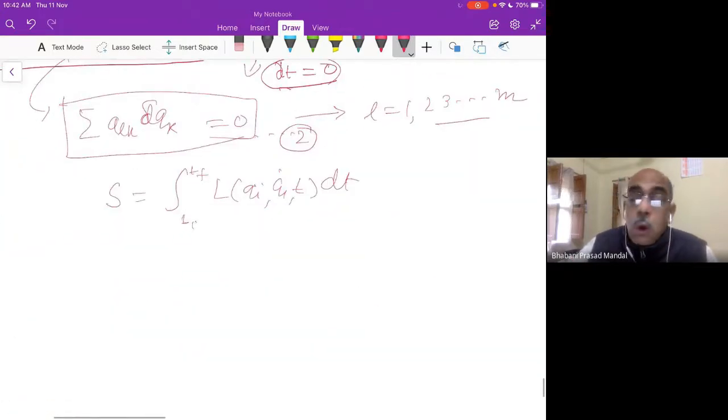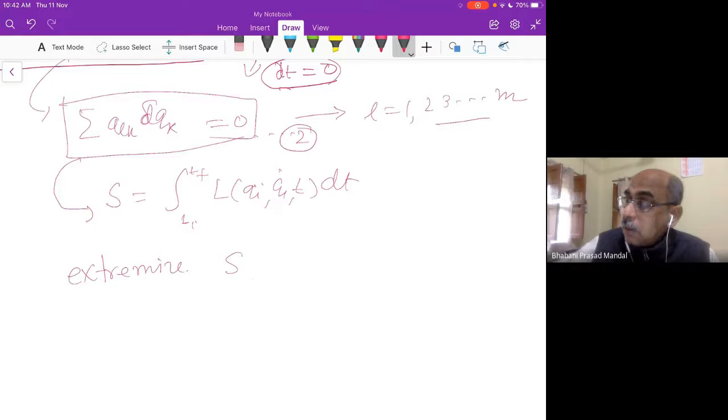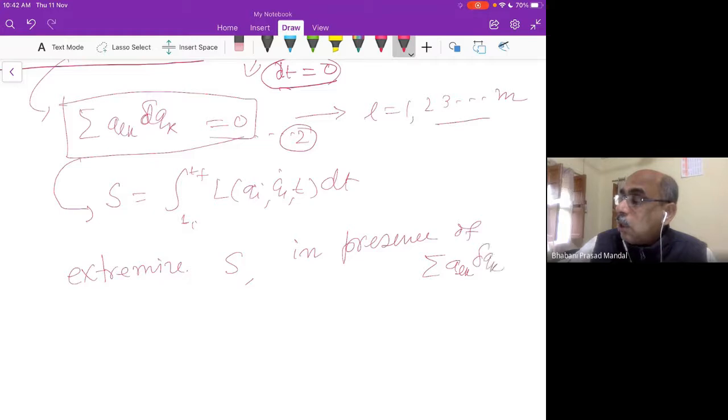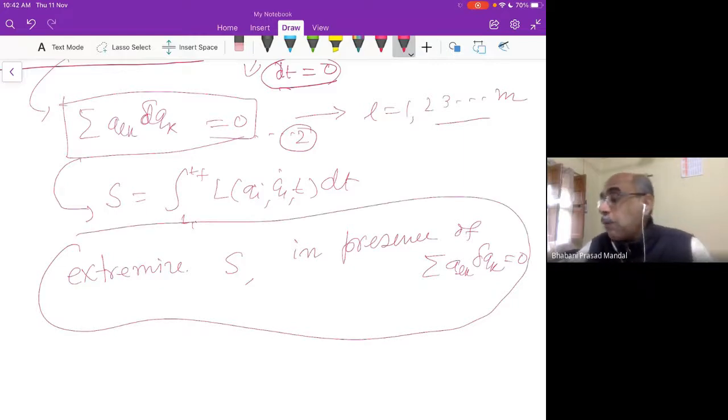So in the presence of this condition, I have to extremize this. Mathematically the problem is that we have to extremize S in the presence of this condition 2, a_lk delta q_k equal to 0. This is now the mathematical problem, and it can be solved by a method called the Lagrange multipliers method.